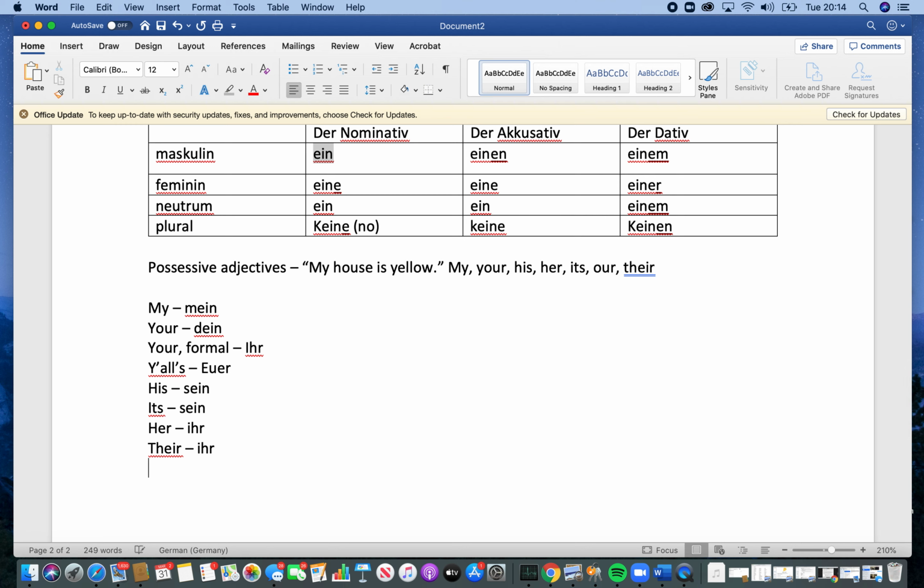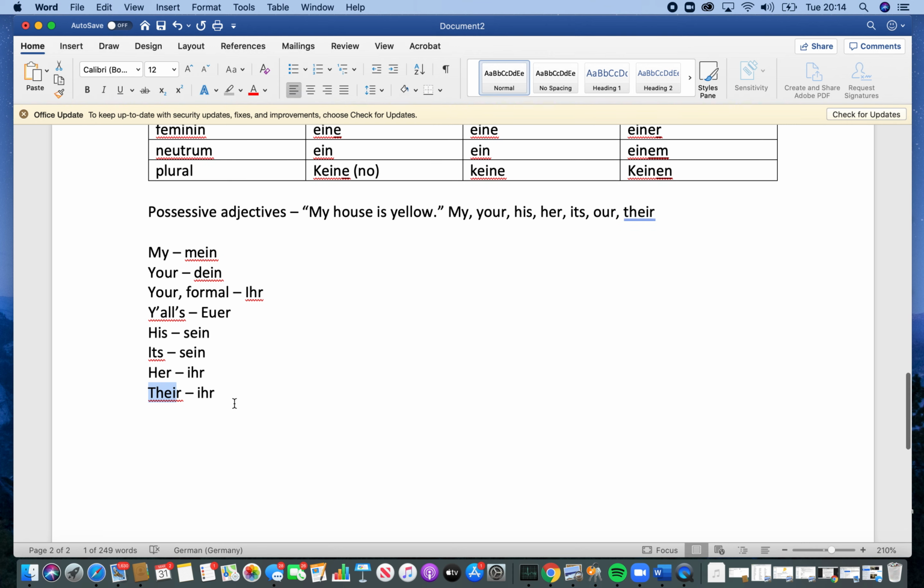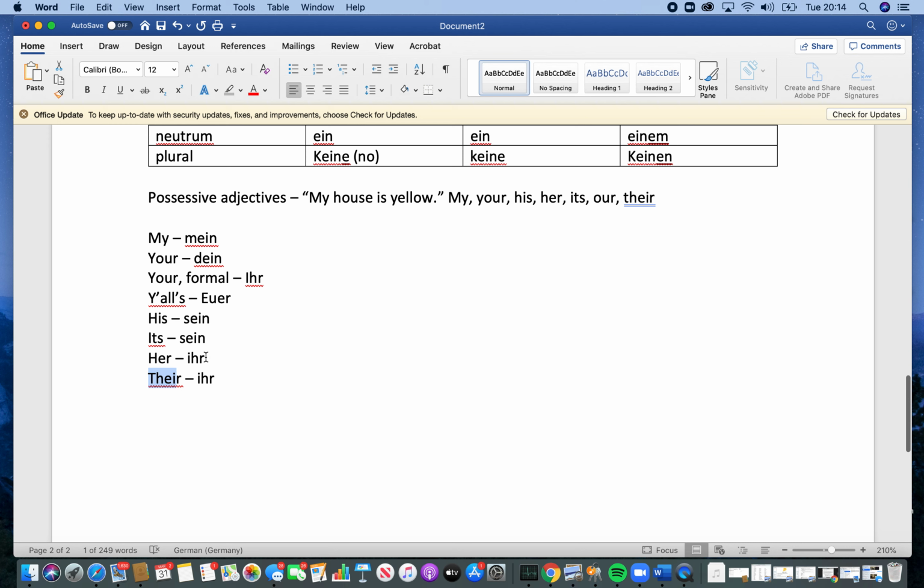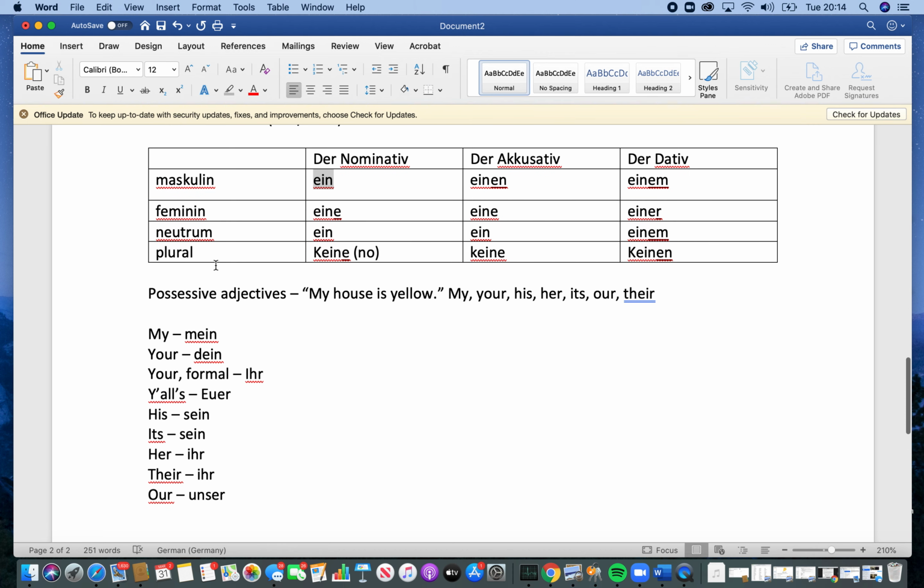Ihr, wieder. So if you can think that her is feminine, and this is ihr, think about how in the definite articles we're always changing to die, the feminine article, for plurals. Like here we would have a plural owner, many owners, theirs, something is theirs. So we have ihr, und dann unser, so our. So we take these base words, and there are 3 cases where we're not going to change these at all.